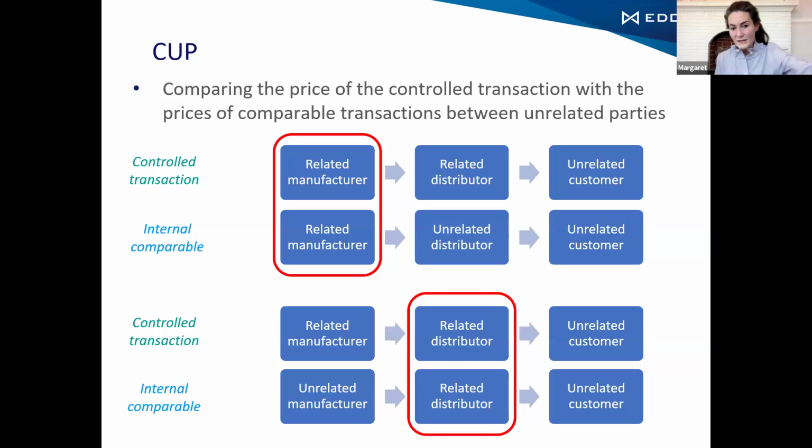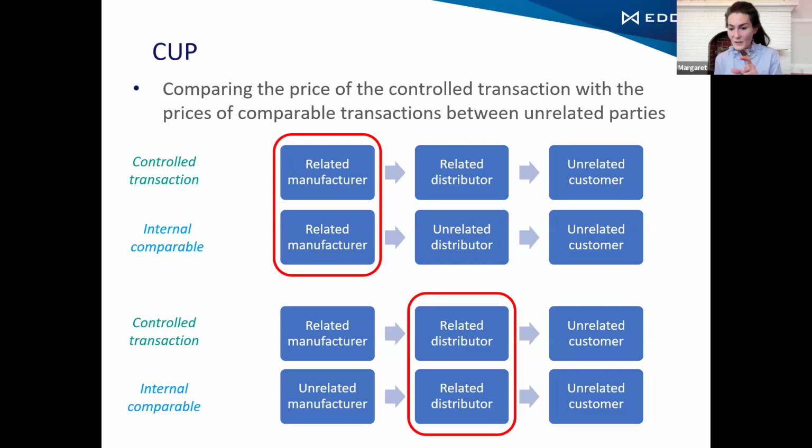But in the first one, you're looking at a manufacturer who sells products to a related and unrelated party. And it's those prices that you're going to use. And in the second group, you have a distributor, and it purchases products from a related manufacturer and an unrelated manufacturer.